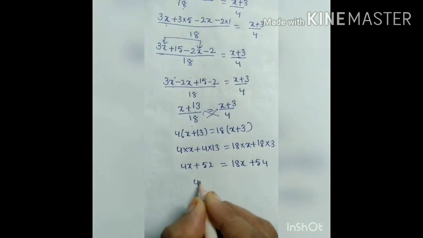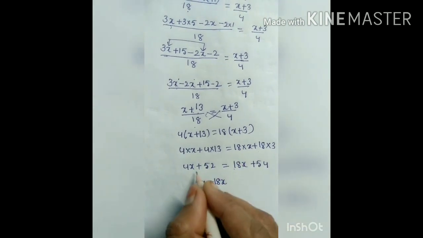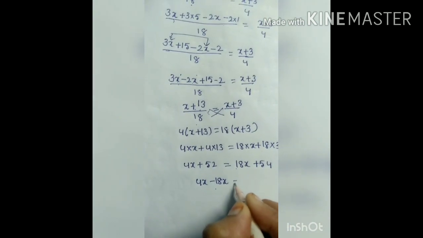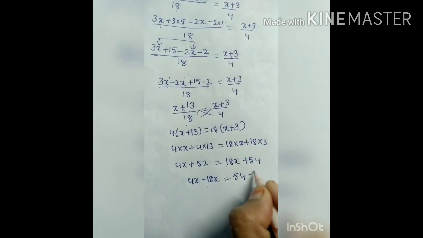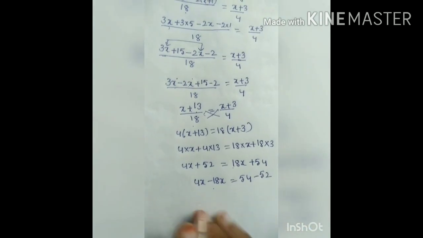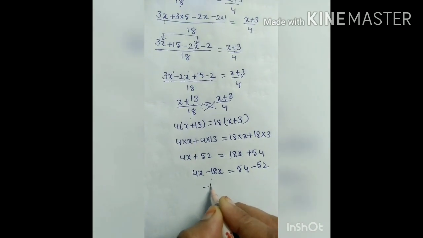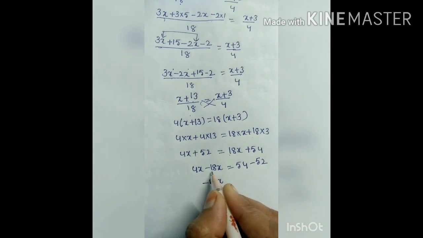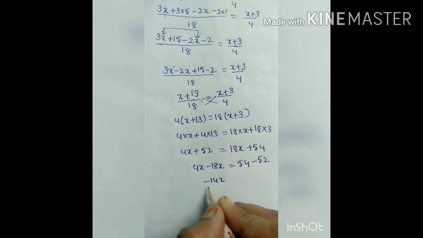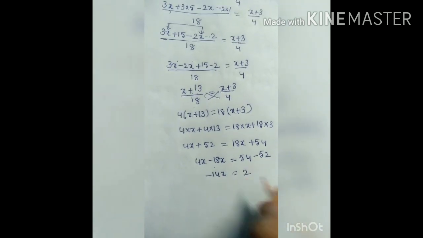So 4x minus 18x, because the positive quantity becomes negative, is equal to 54 constant term minus 52. So 4x minus 18x is minus 14x, because the bigger term has the negative sign, so minus 14x equal to 54 minus 52, 2.